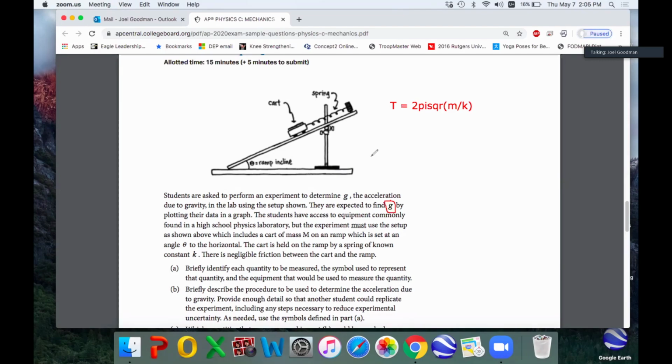Somebody have an idea? F equals negative kx. That'll help. That'll be part of this. What am I drawing? Free body diagram. Oh, yeah. And even if you don't know what you're doing, you can still draw a free body diagram.